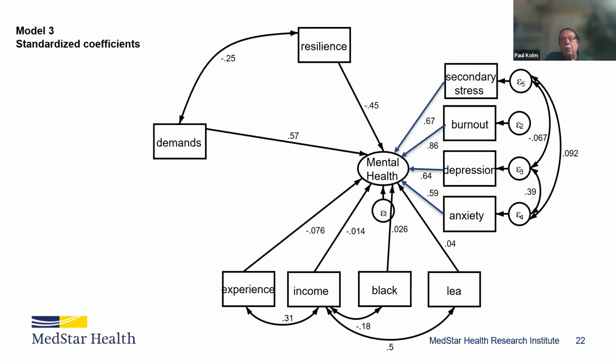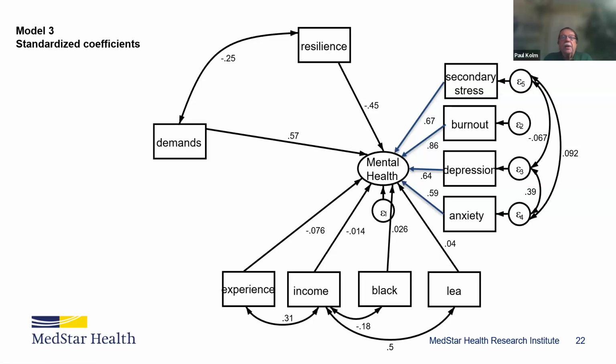And so we go to another model where now we take out one of the predictor variables, and instead of having it be a predictor variable, we're now saying that it's a variable that would relate to mental health. And so we put secondary stress over on this side of the equation. And what we've said is that there's an interaction between demands and resilience on impacting mental health.